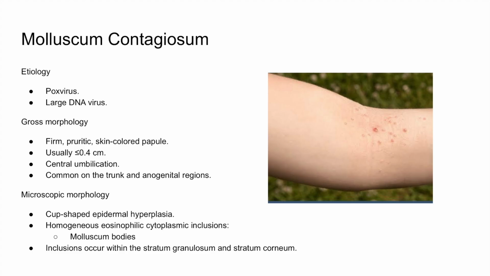Histologically, the epidermis grows downward in a cup-shaped pattern and contains large eosinophilic cytoplasmic inclusions called molluscum bodies or Henderson-Paterson bodies. These inclusions become prominent in the upper epidermis as infected keratinocytes mature. Most cases are self-limited, but the combination of multiple umbilicated papules and characteristic intracytoplasmic inclusions makes the diagnosis highly testable. And again, it's caused by a pox virus.